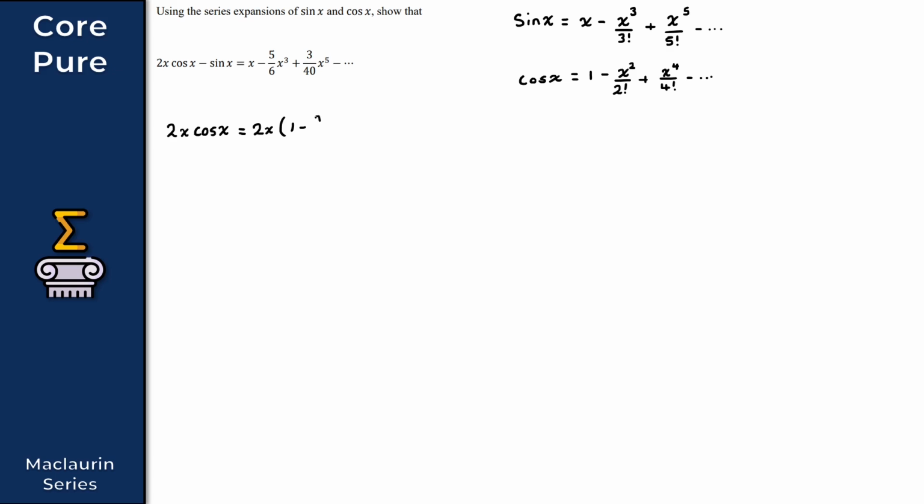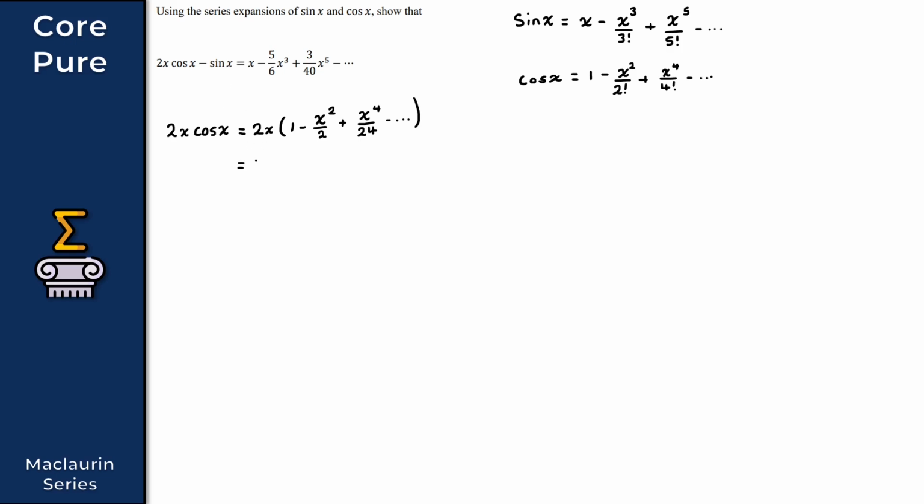So 1 minus x squared over 2 there. We then have x to the 4 over 4 factorial. So 4 factorial is 24 there. So plus x to the 4 over 24. And that just keeps going on and on, right?